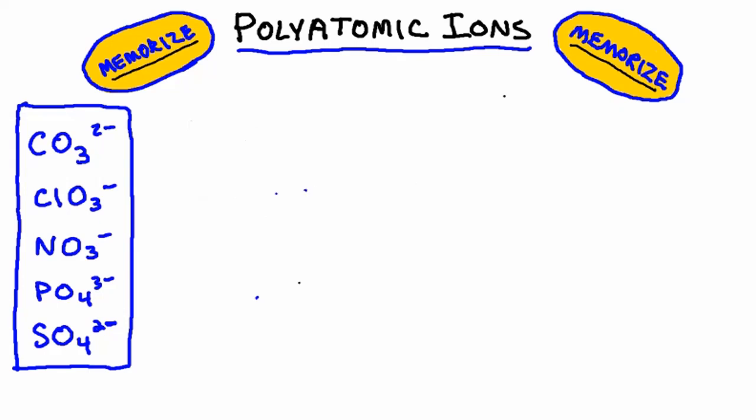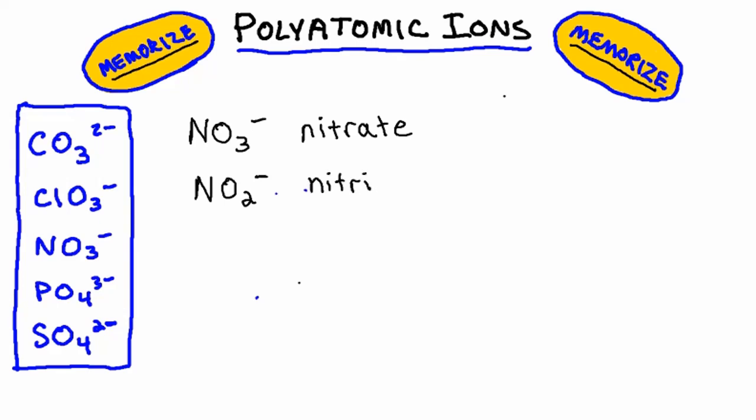Now let's look at nitrate. NO3 with a negative charge. Nitrate has 3 oxygens to it. But if you were to take away one of those oxygens and keep the same charge, you would have NO2 with a negative charge. So that would be called nitrite.